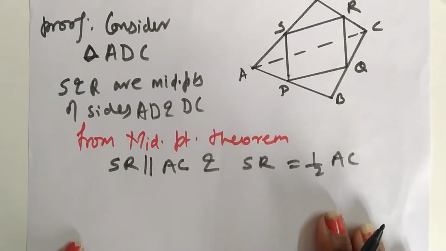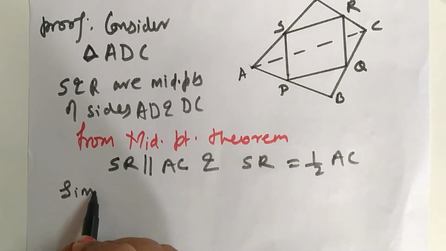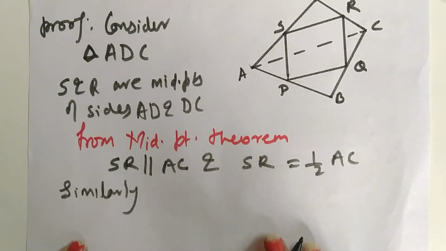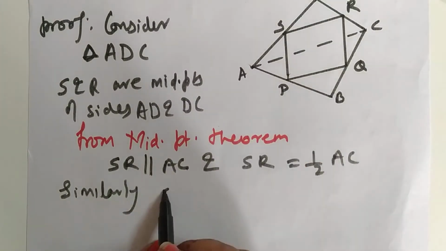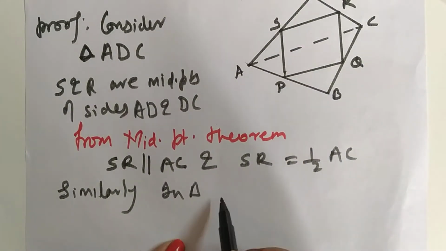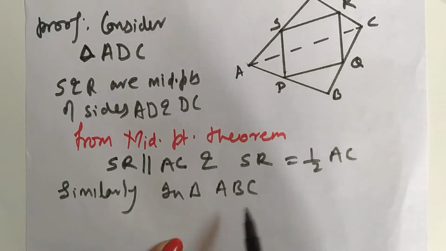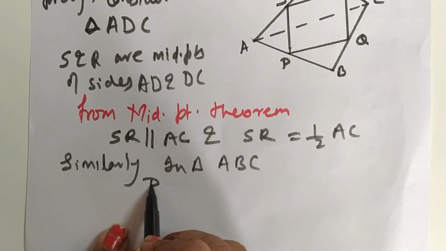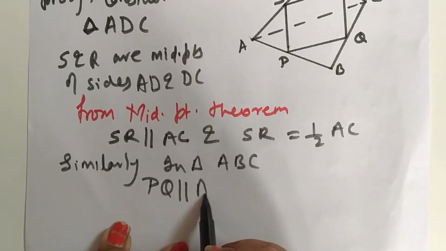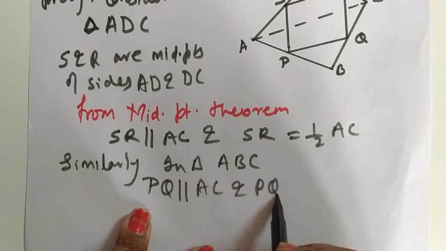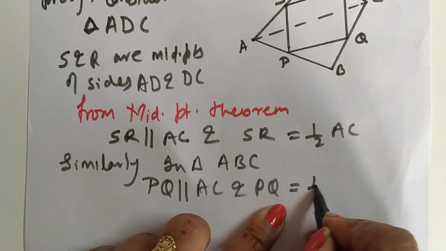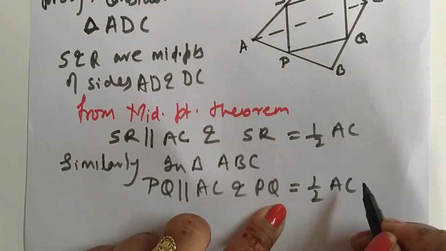Similarly, we need not do it again and again, in triangle ABC, PQ is parallel to AC and PQ is half of AC.